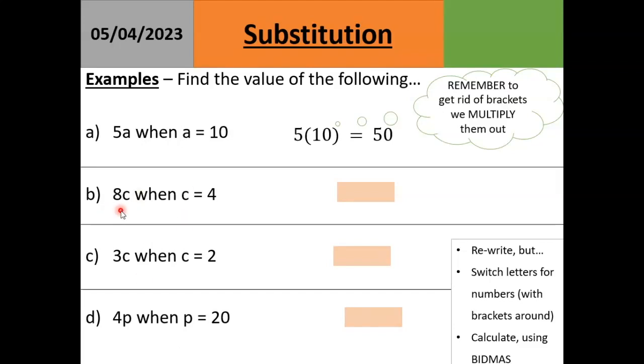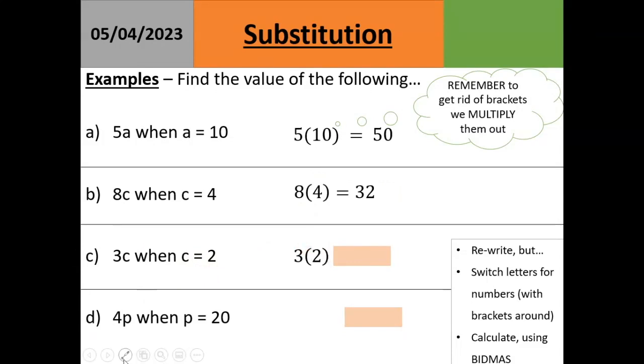So next we'll look at 8c. This time we're going to let c equal 4. So we're just simply going to take our 8, and where our c was before, we're going to put a 4 in brackets, and we're just going to multiply this out. 8 times 4 gives me 32. Same thing with 3c, but we're going to let c equal 2. So notice we can let these letters be whatever, but the question will usually indicate, well, it actually will always indicate which one you're going to sub in.